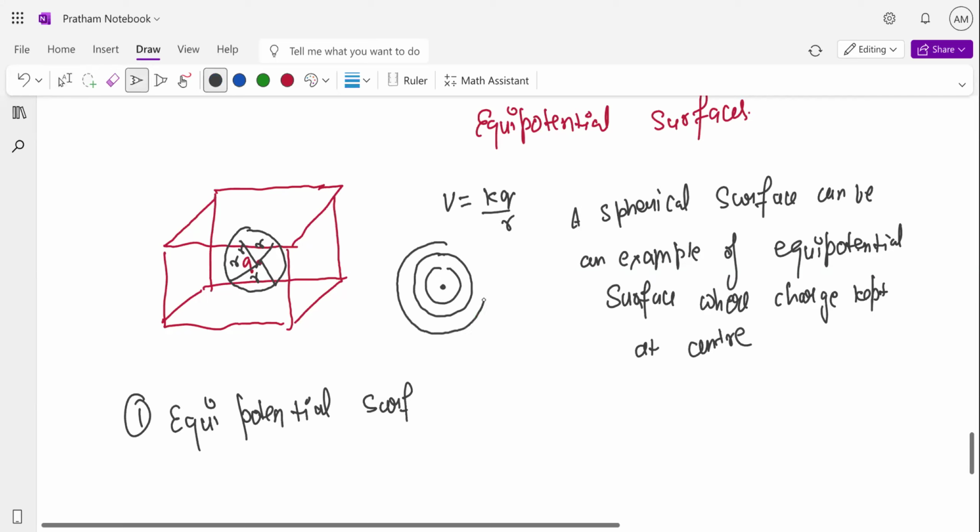Any two circles or spheres will never intersect each other. Is that clear? So equipotential surfaces never intersect each other.